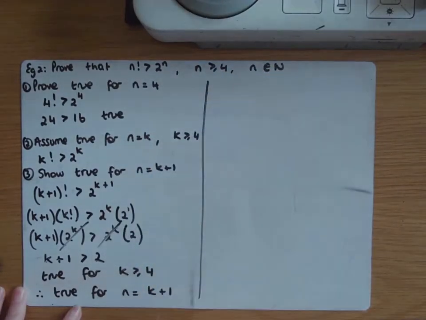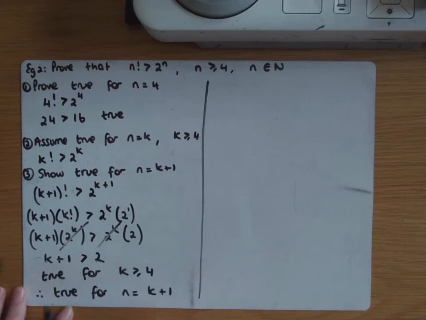Okay, so you've shown it to be true. Because k has to be 4 or more, as long as k isn't, if k was 1, you'd have 1 plus 1 is greater than 2. That's not true. But if k was 2 or 3 or 4 or 5, it would be true. We know it's definitely true because we're only trying to show that it's greater than or equal to 4.